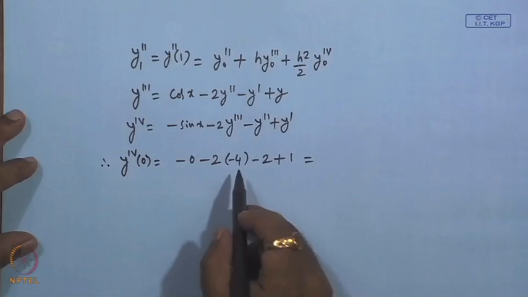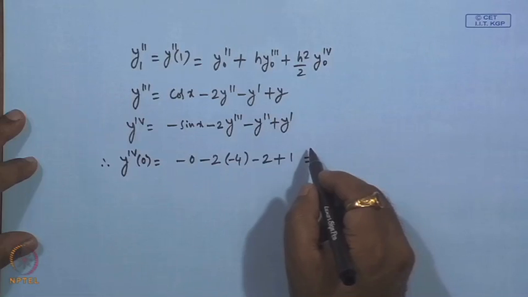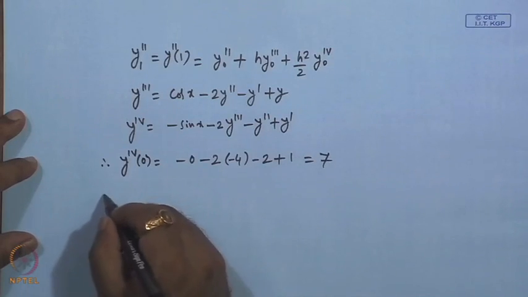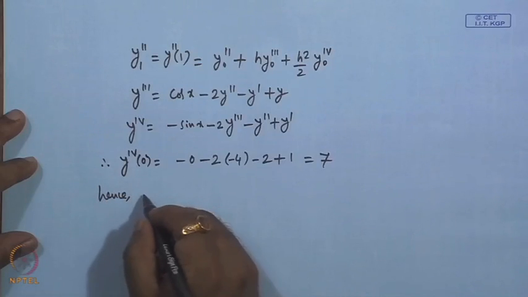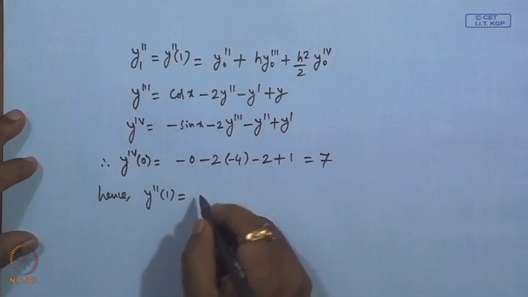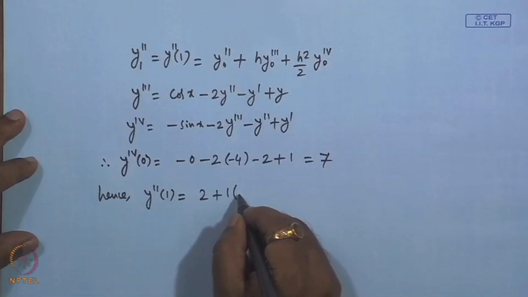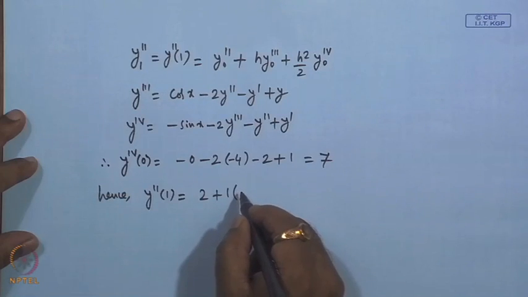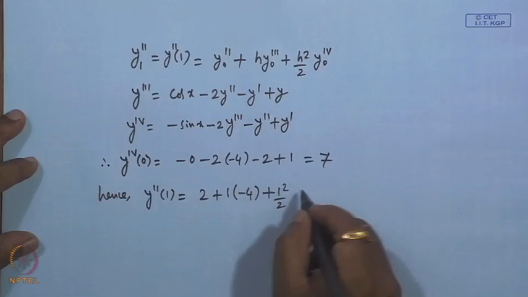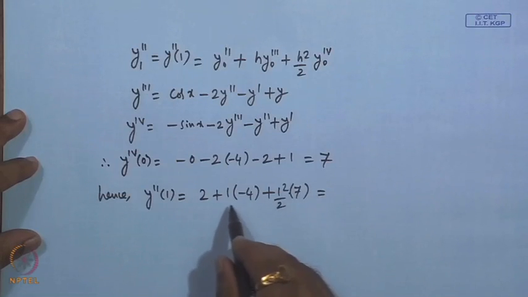So, y 0 double prime is 2, y 3 is minus 4, y 4 is 7.